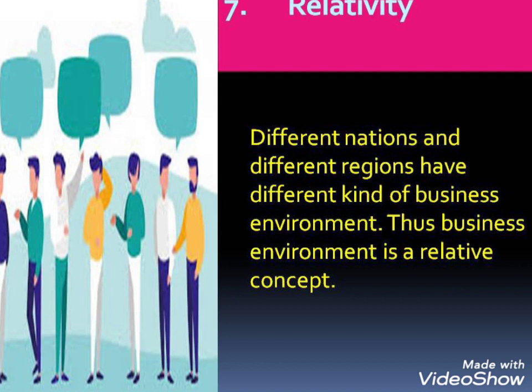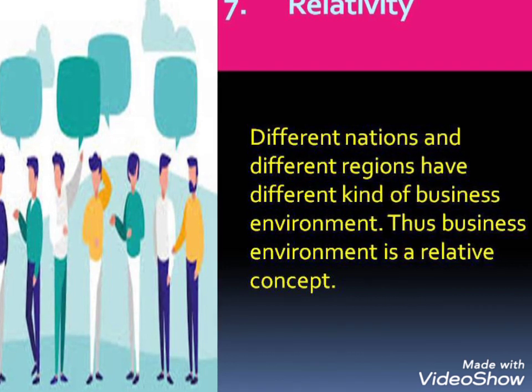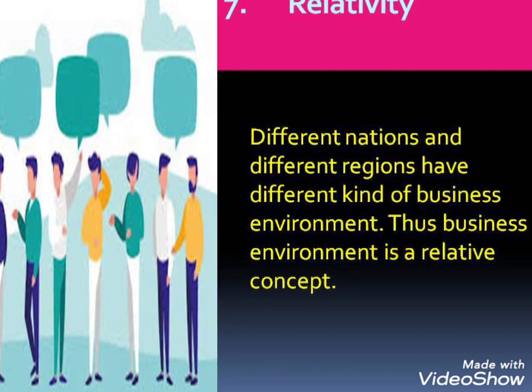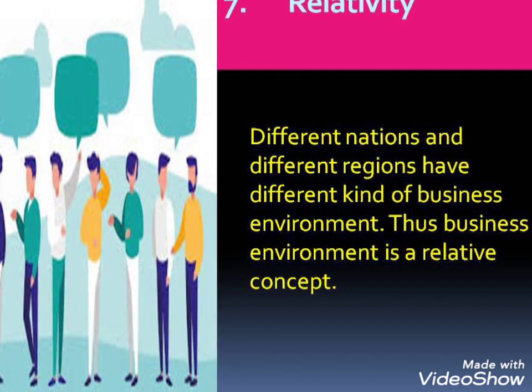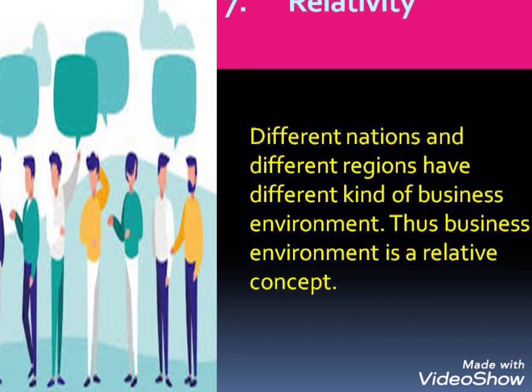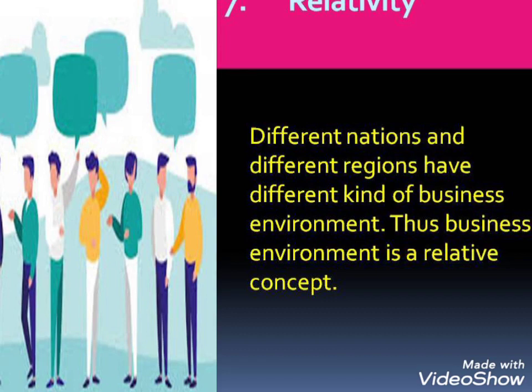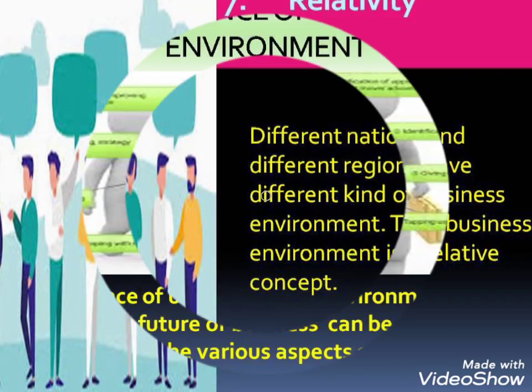Different nations and different regions have different kind of business environment. Thus, business environment is a relative concept. For example, demand for saris will be high in Uttar Pradesh while it will be relatively low in Punjab, as the traditional dress of females in Punjab is Punjabi suit.